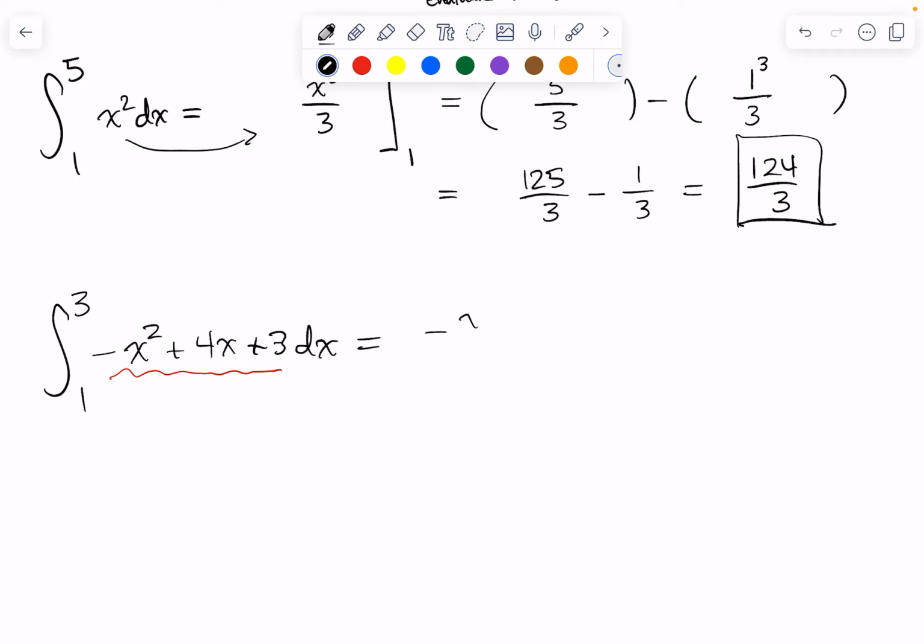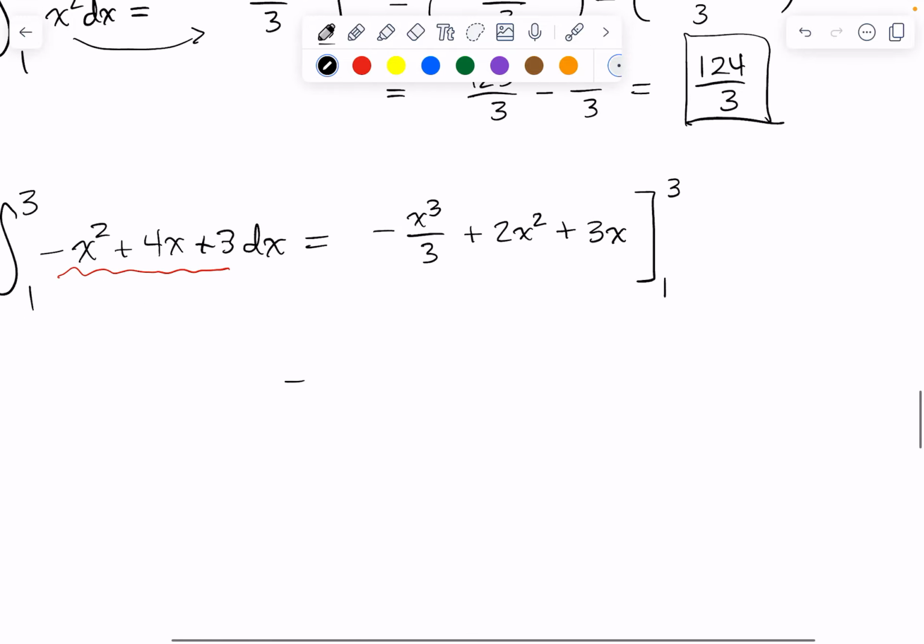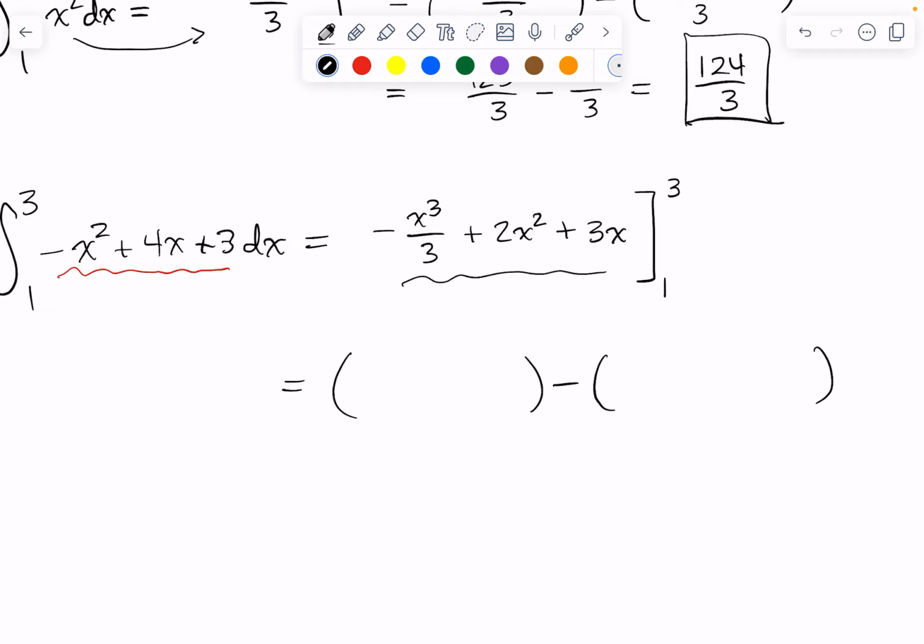It's going to be negative x cubed over 3 plus 2x squared plus 3x, right? That is our antiderivative, and we're going from 1 to 3. I guess I'll do this below. So put your parentheses, your minus in between. I always make them super big in case we get something like this. Now let's just plug in the 3, plug in the 1, right?